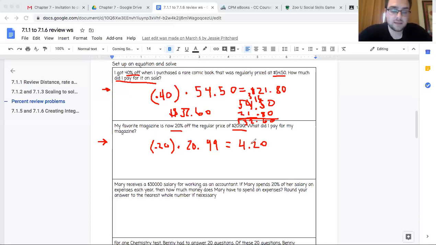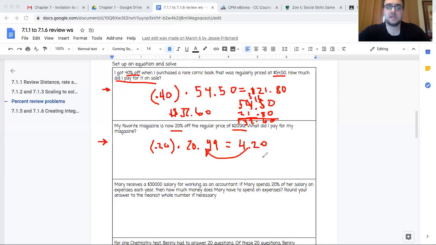Okay, now once again, this is not our answer. Now we have to take this and subtract it from this number right here. For sake of time, I'm just going to do it on my calculator. You can do it on your calculator as well. So 20.99, take away $4.20.